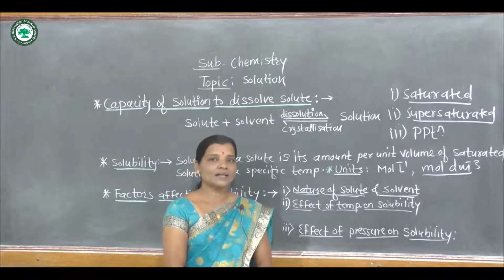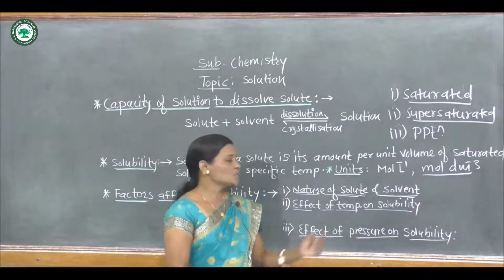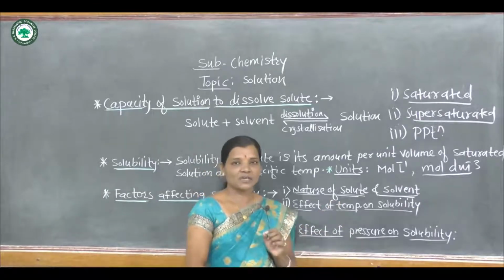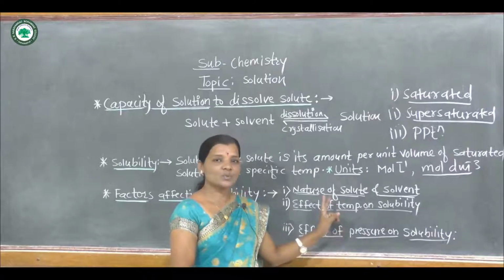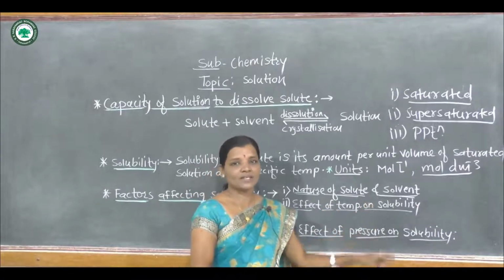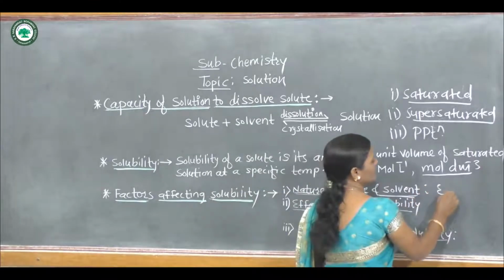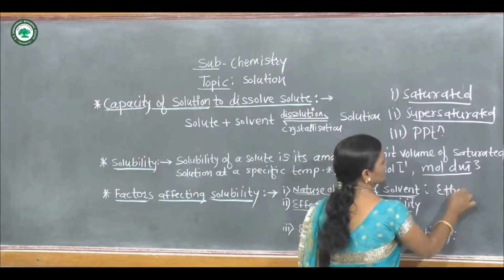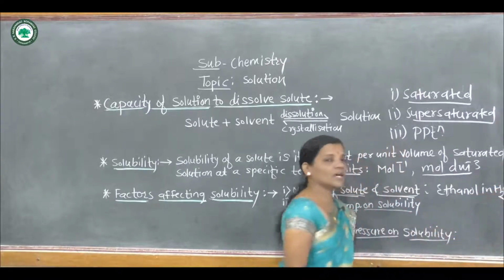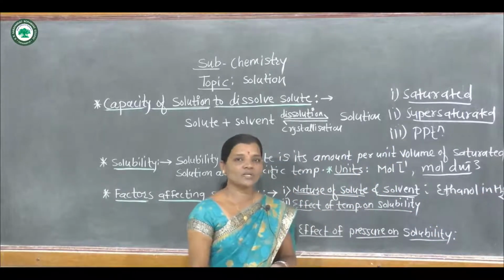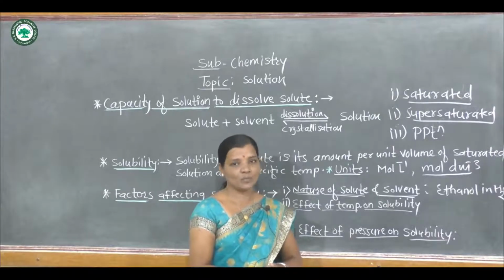Also, we know the concept, like dissolves like. If solute is polar in nature and solvent is polar in nature, then the solute readily dissolves in the given solvent. For example, ethanol in water. Ethanol is polar in nature, water is also polar in nature, so ethanol readily dissolves in water.